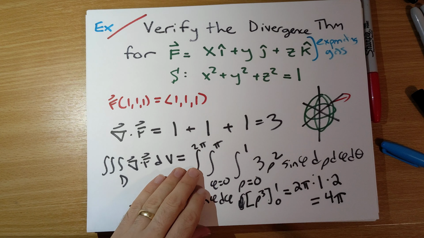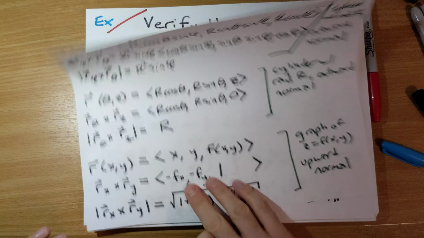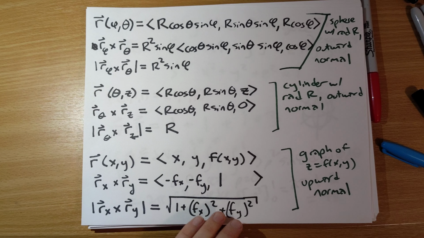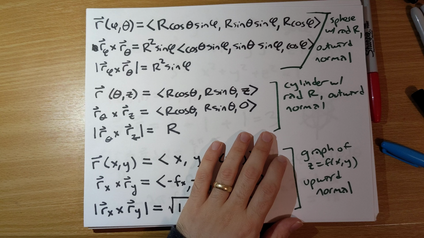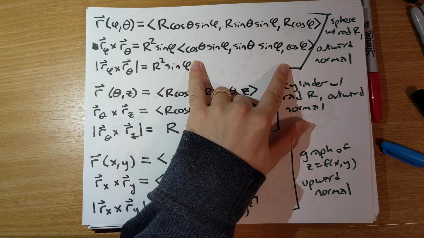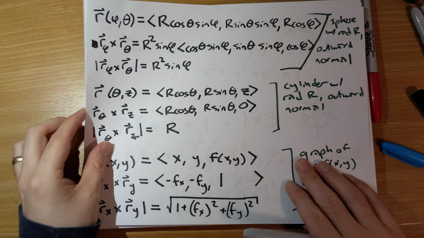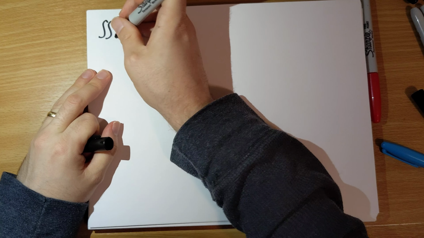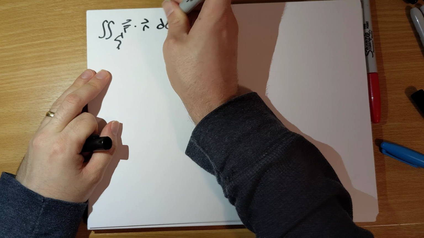For the left side, we need to parametrize the surface of a sphere. Once again, here's our chart. And we've got this as our parametrization, and this is our normal vector using r equal to 1. So, okay, let's see here, F dot n d sigma.